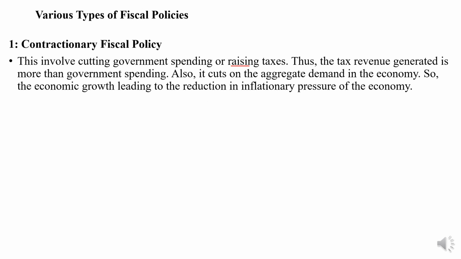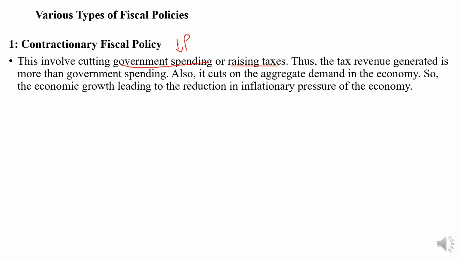So when the taxes are raised and the government spending is low, it means if there is inflation in the economy and they try to control the inflation, they apply the contractionary fiscal policy. In contractionary fiscal policy, they contract the prices in the economy.